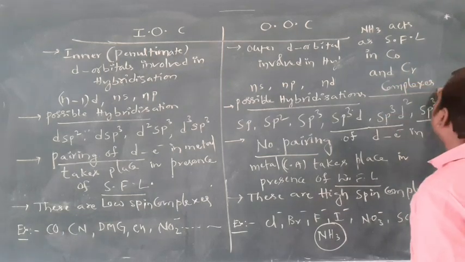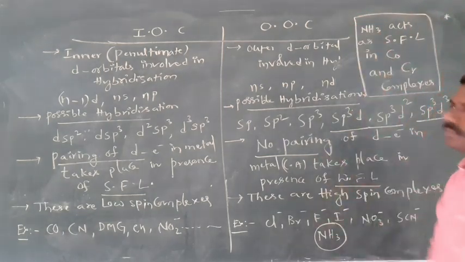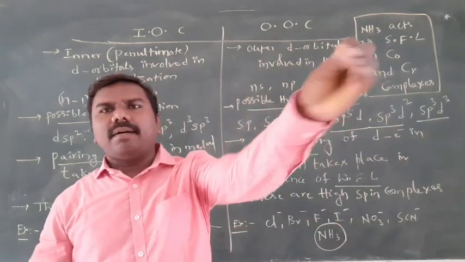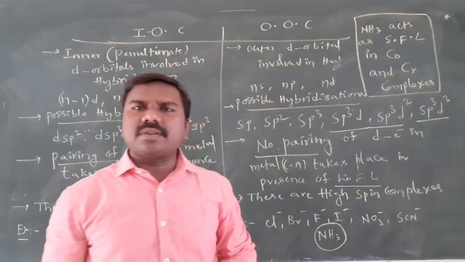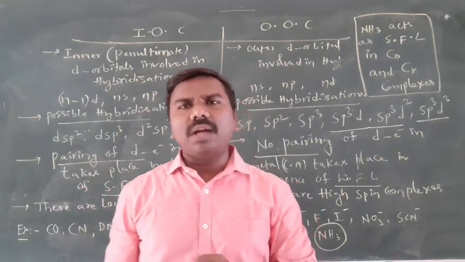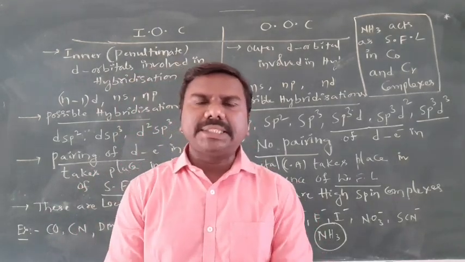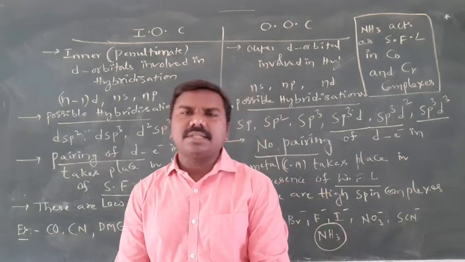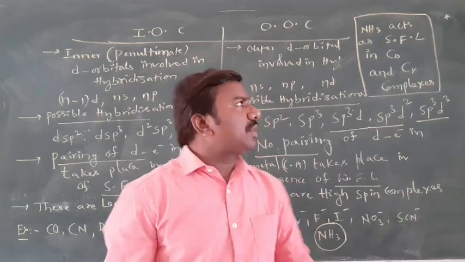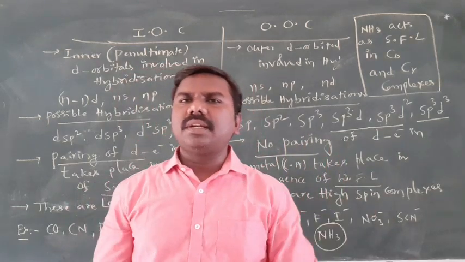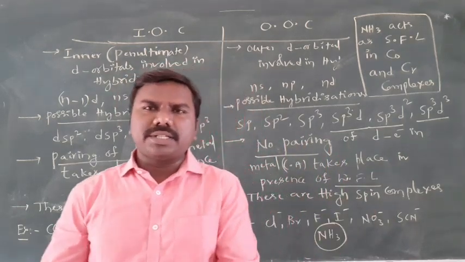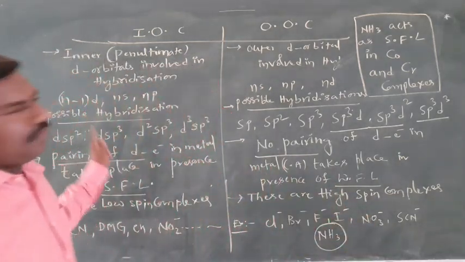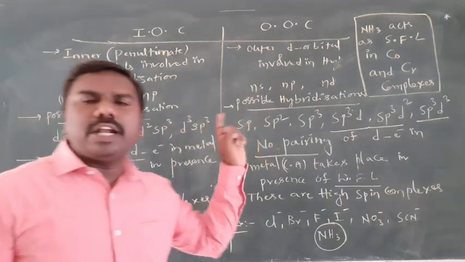Very, very important. Written clearly: ammonia or amine acts as a strong field ligand in cobalt and chromium complexes, based on their field strength and other reasons. We'll study that in the topic crystal field splitting theory, right? So simply, these are the differences between IOC and OOC.